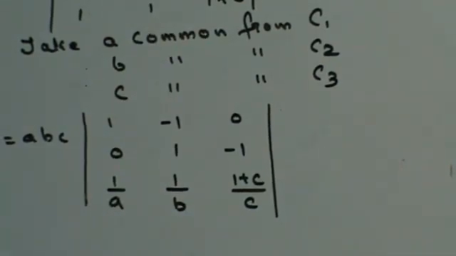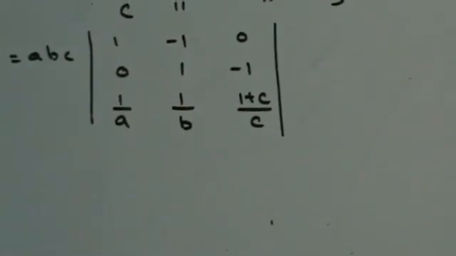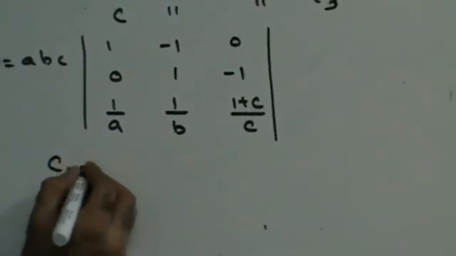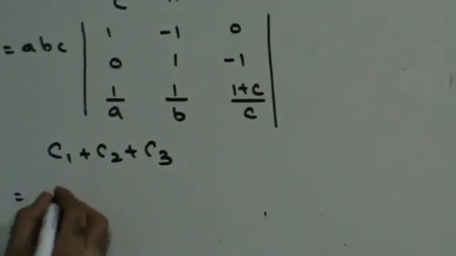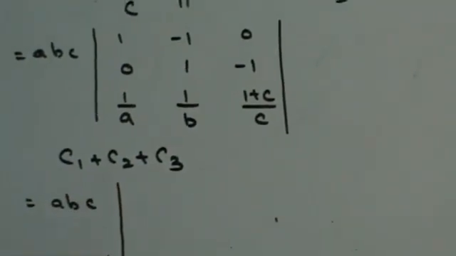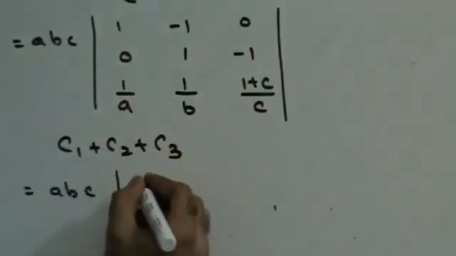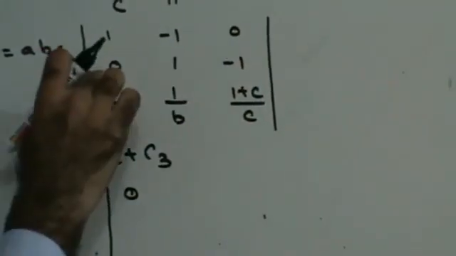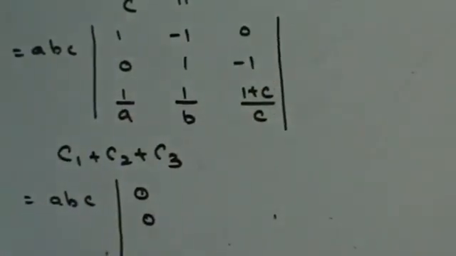What we do is, if I have to get all these three terms together, look at your RHS. I generally look at the RHS to understand what step I have to do next. Do C1 plus C2 plus C3. So in that case, abc as it is, minus 1 plus 1 plus 0 is going to give you 0. 0 plus 1 minus 1, 0.